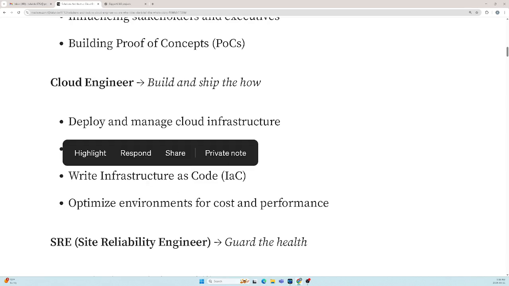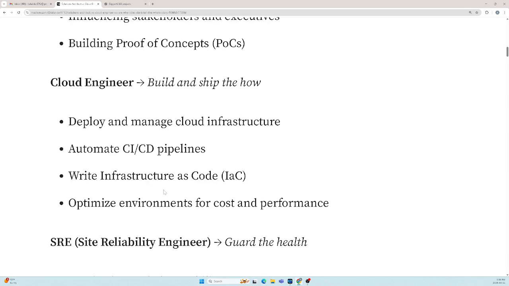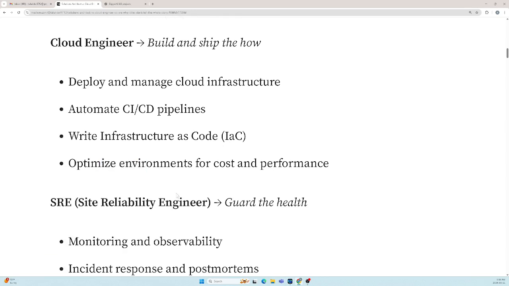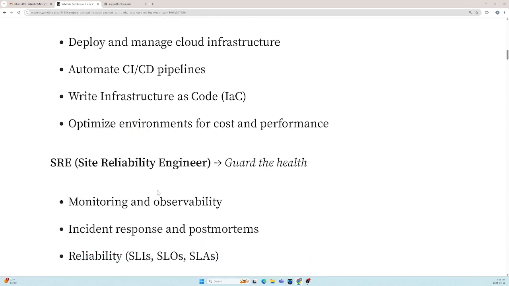They write infrastructure code using Terraform, CDK, or CloudFormation templates. Another responsibility is optimizing the environment for cost and performance.